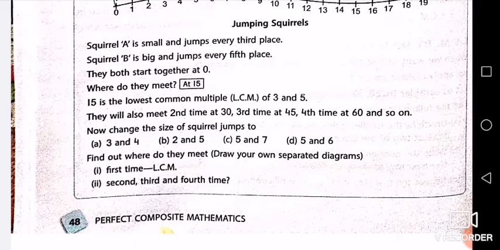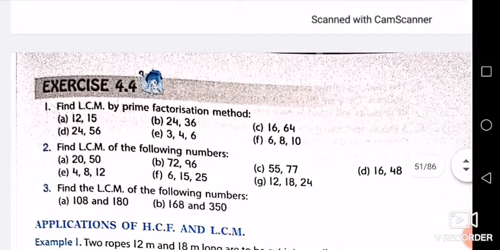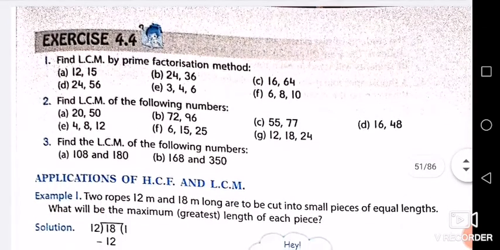Okay, now we'll start exercise 4.4. Our first question is: find LCM by the prime factorization method. So let's start this first method.